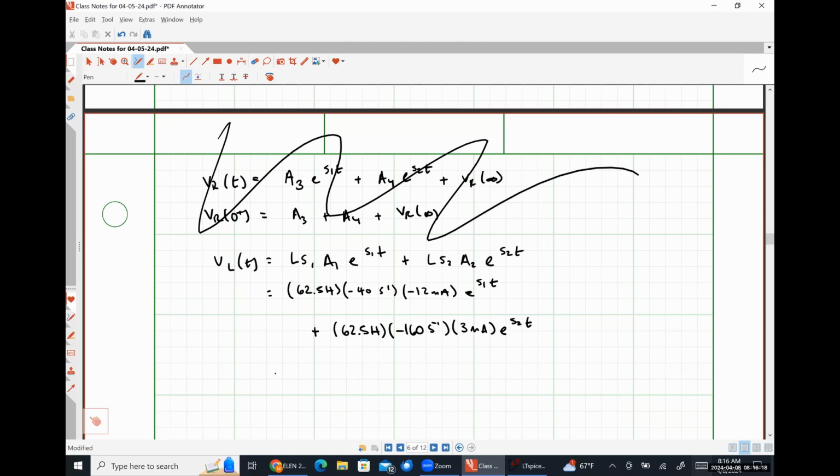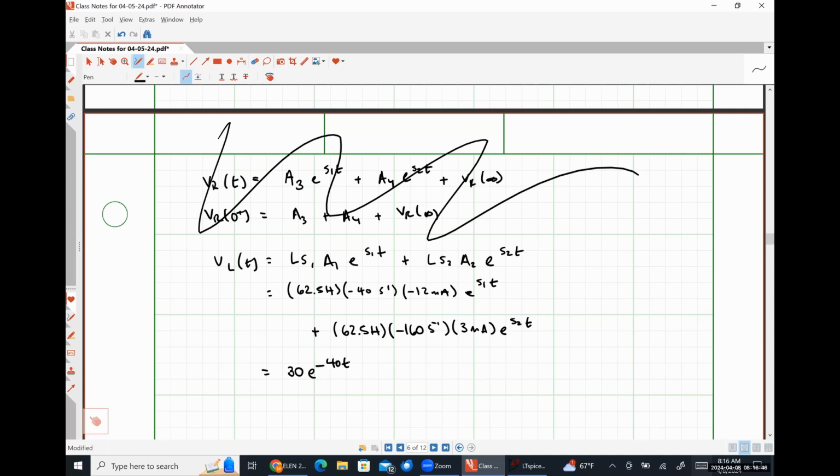And I'm just going to put that stuff in my calculator, right? So 62.5 times negative 40 times negative 12 milliamps comes out to be positive 30 volts, e to the minus 40t.